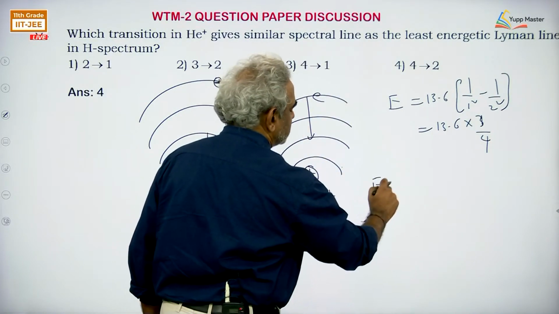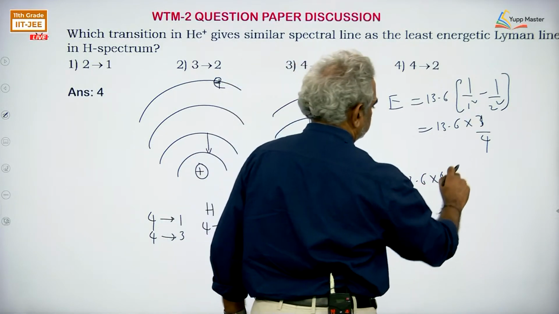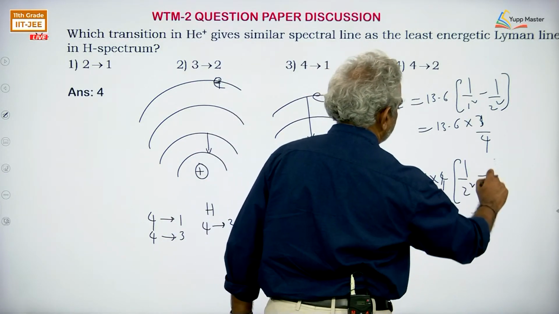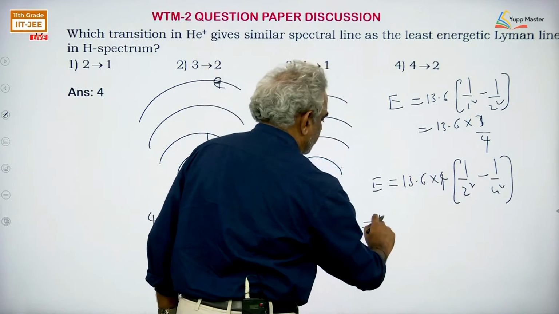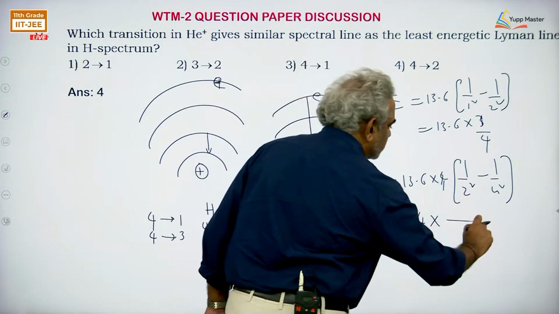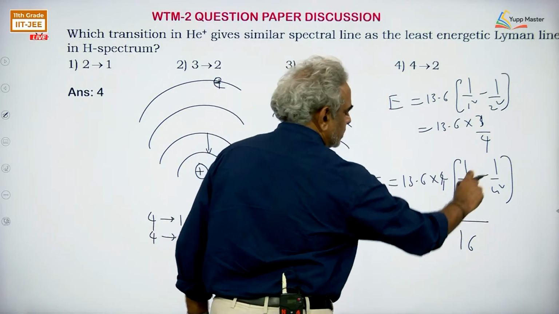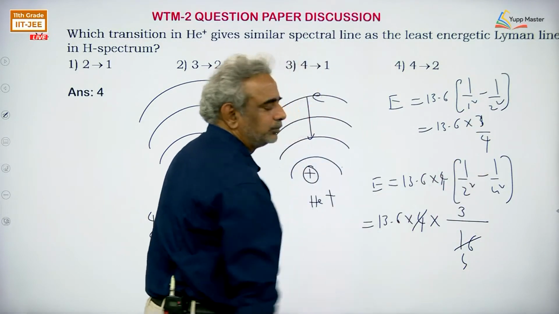Whereas in the second case, 13.6 into 4 for helium into 1 by 2 square minus 1 by 4 square. LCM is 16. 13.6 into 4 into 4 minus 1, 3, so this goes 4 times, 3 by 4.